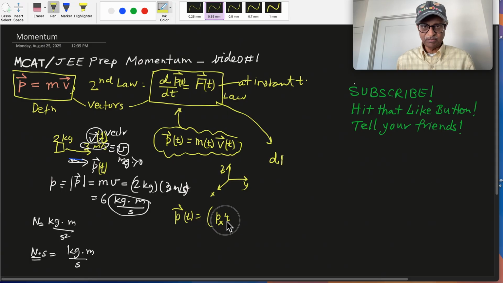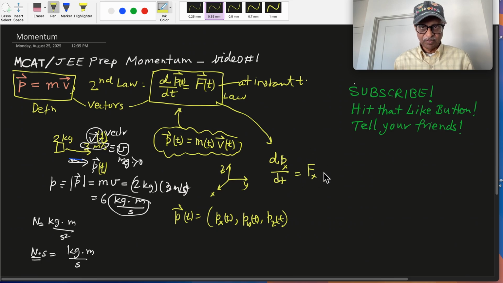There's an x part, a y part, and a z part. So this equation is actually one for the x part at instant t, one for the y part, and one for the z part.